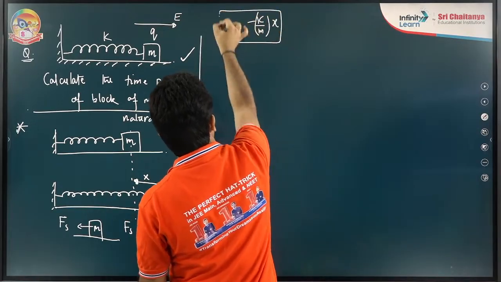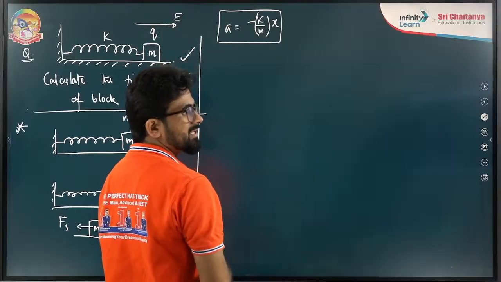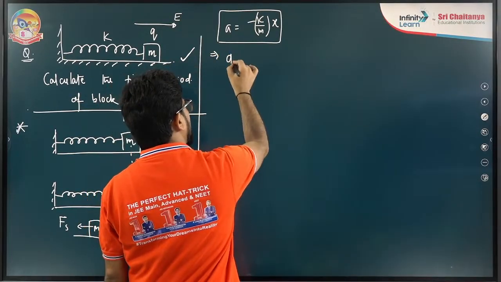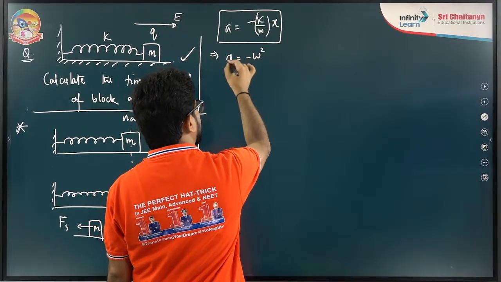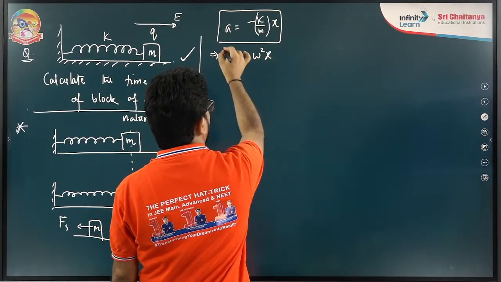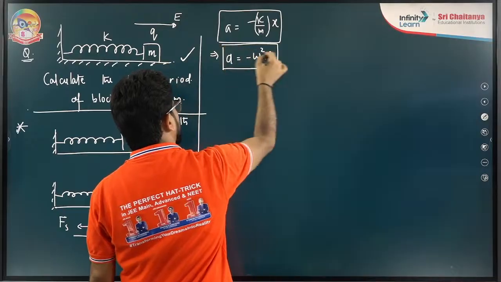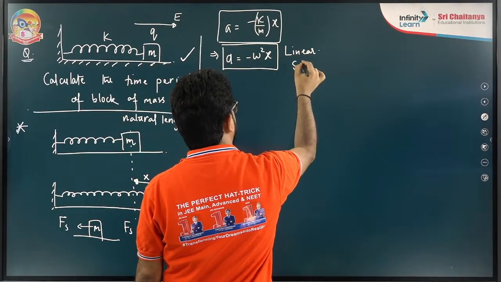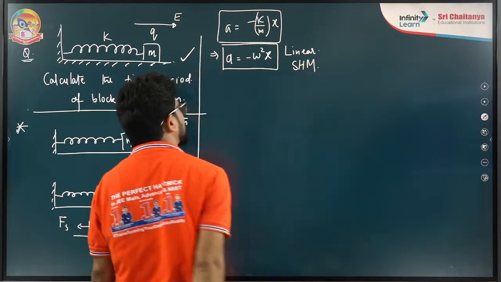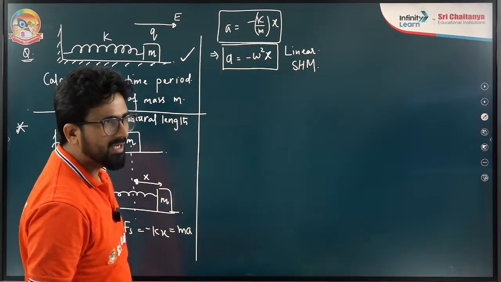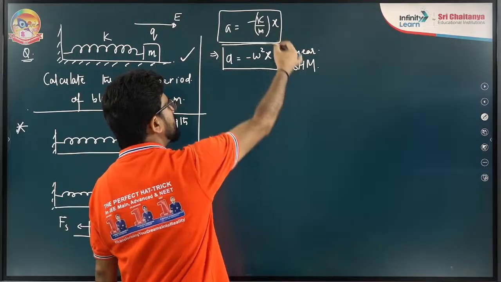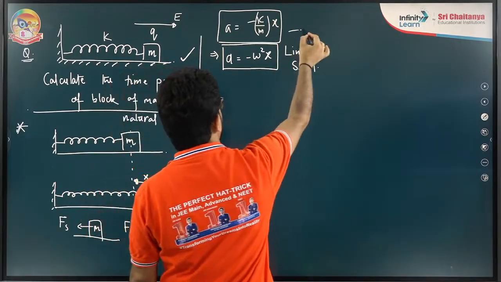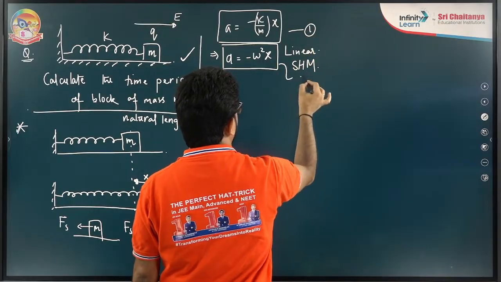This is equation 1, and this same equation we can relate with the equation of SHM, a equals minus omega square x. This is the equation of linear SHM. We have to compare both equation 1 and equation 2.